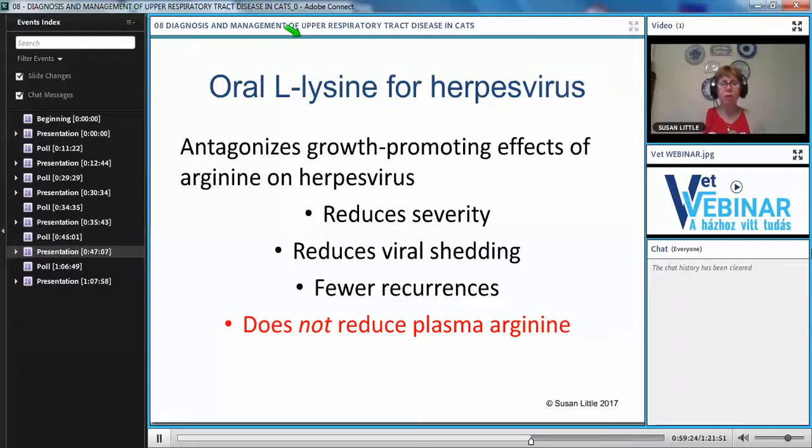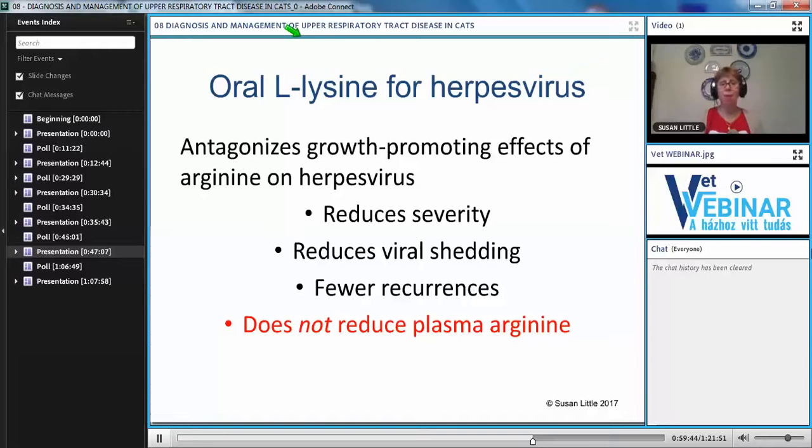So we also think of some oral drugs for herpes virus. Lysine is the one you're probably most familiar with. Lysine antagonizes arginine. Herpes virus needs arginine to replicate. And lysine antagonizes it, lowers arginine levels, not to a point where it affects the cat.